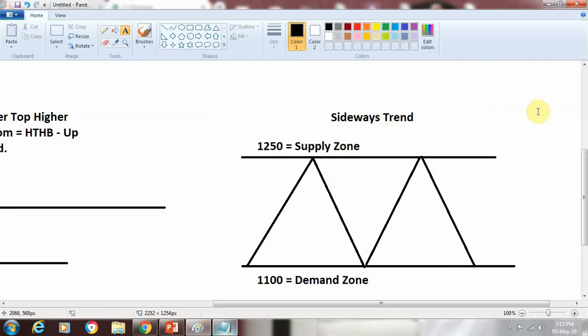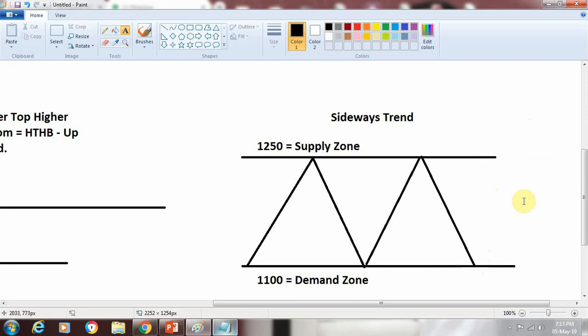So now friends, what according to you is the best trend in the market? Up and down trends are the best because you can easily trade those stocks in the market, and for a trader, a sideways market is an opportunity coming up, because once either side has been broken, say if the supply zone has been broken, then we know it is going to go into an uptrend, because then it gives a higher bottom and a higher top.